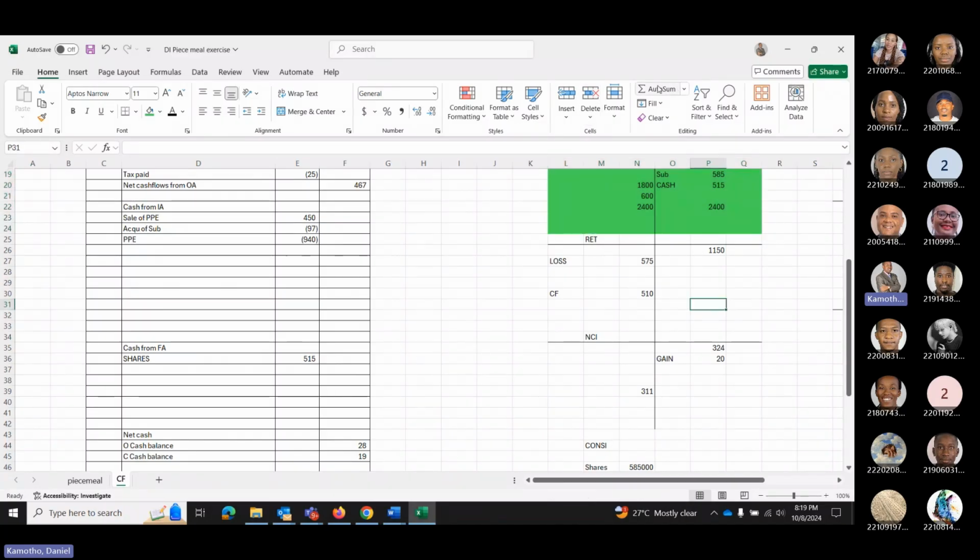The total here is 1150, and the total this side is, so there is a balance of the difference, which is equal to 1150 minus 1085. Yeah, so there is a 65.